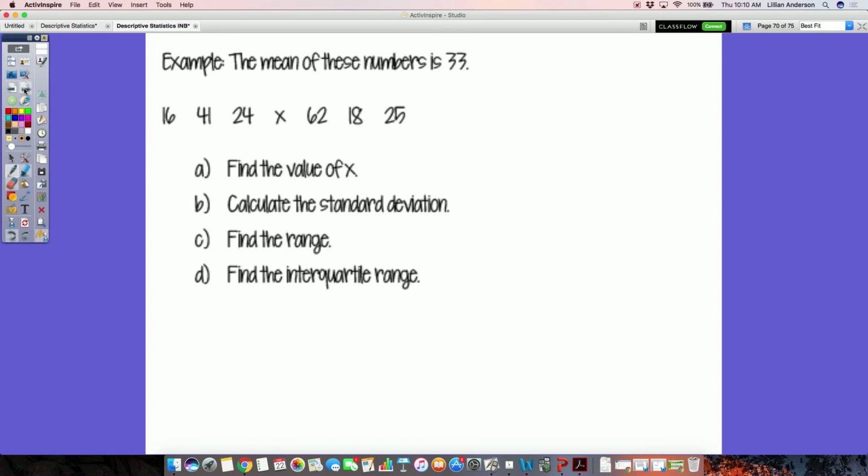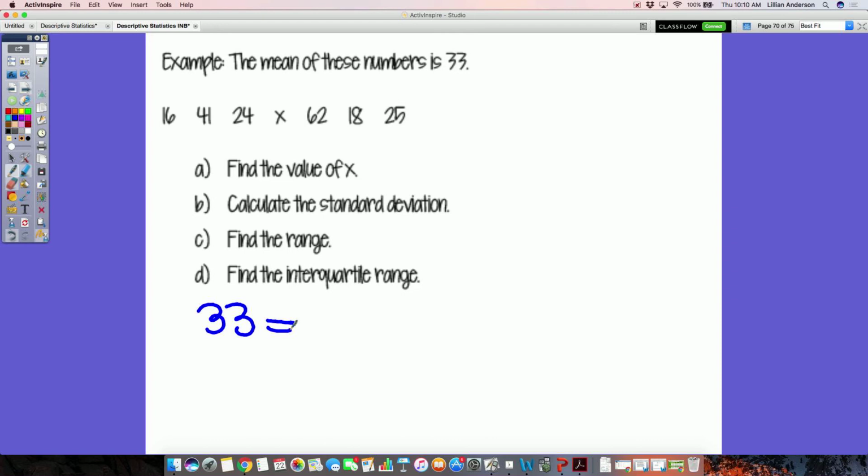How do we find the value of x? What do we need to do? 33 is equal to what? Just in general, it's all the numbers, including x.